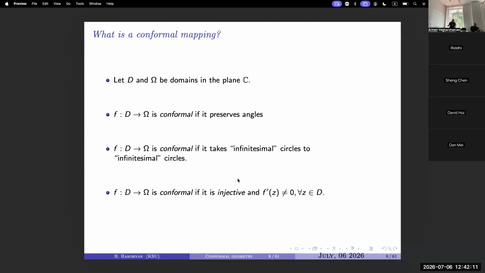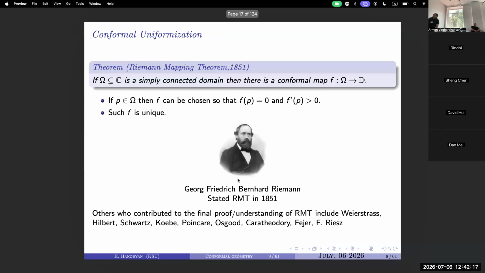Now what we're going to talk about is the first conformal invariant that we're going to discuss. Before that, we're going to talk about the Riemann mapping theorem. Everyone knows it as probably the first most important theorem in complex analysis, at least in mapping theory, which says that if you have a simply connected domain in the plane, which is not the whole plane, then there is a conformal map onto the disk.